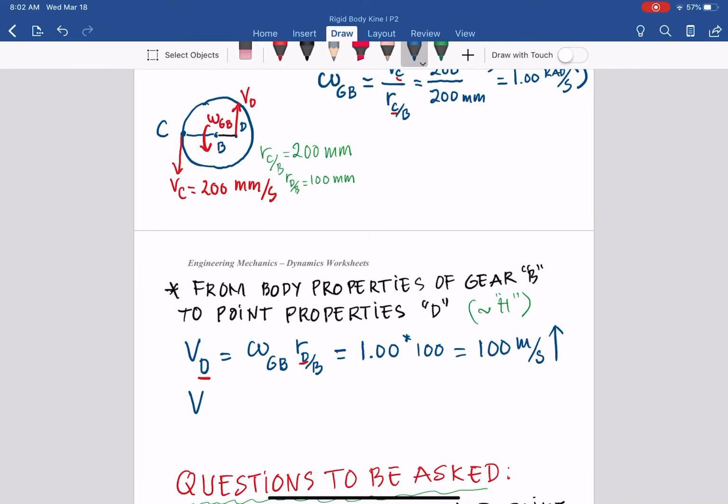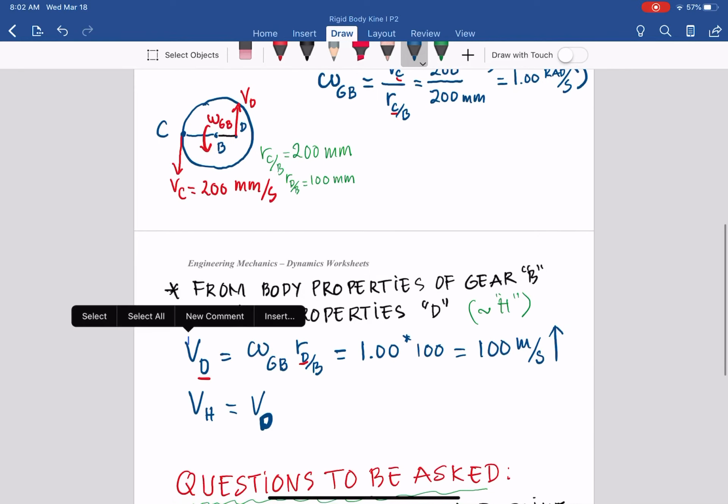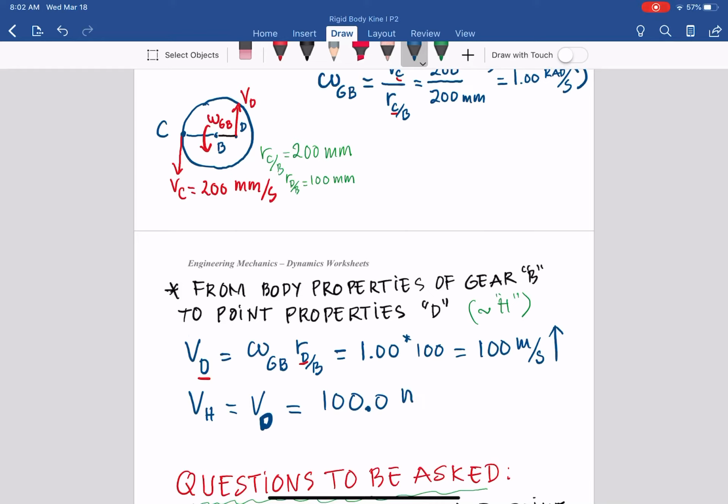And VH is also equal to VD, which is equal to 100 millimeter per second going up. And that is the answer. That is the question asked: what is the upward velocity of the hook?